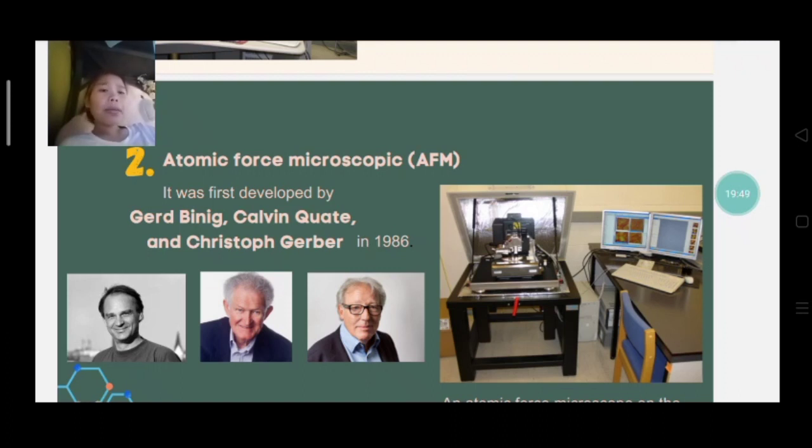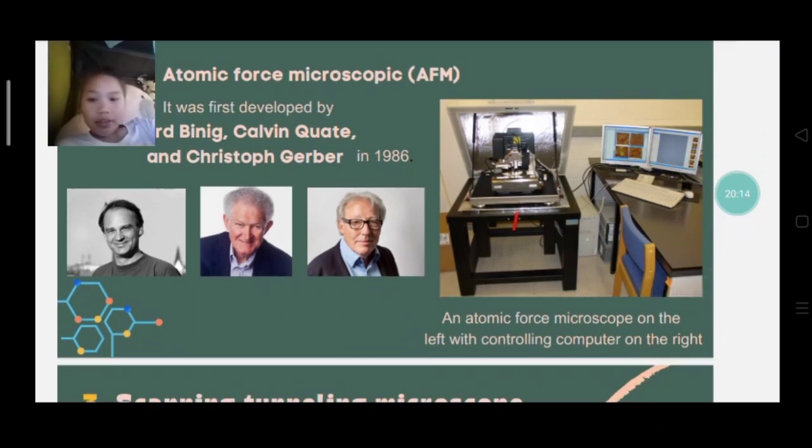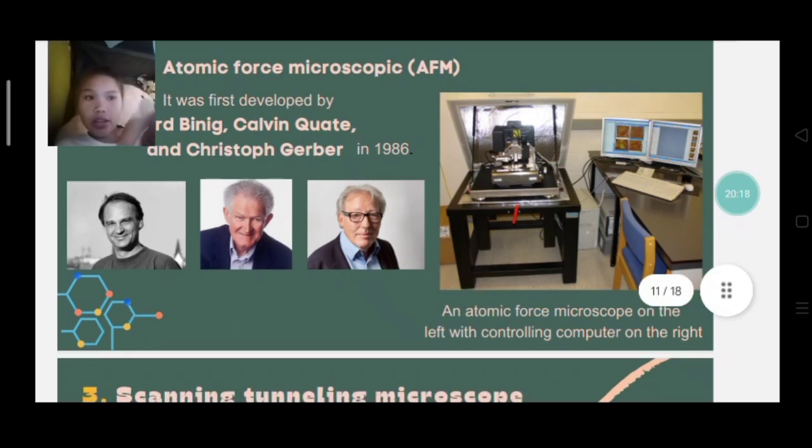The other microscope to view the nanomaterials is the atomic force microscope, the AFM. It was first developed by Gerd Binnig, Calvin Quate, and Christoph Gerber in 1986.